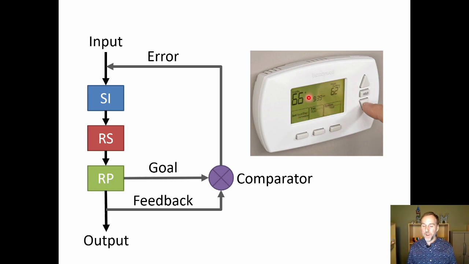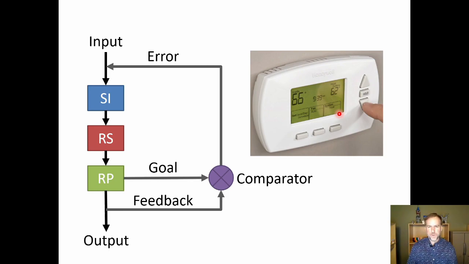But here it says, okay, the inside of the house is 66, and it's set to 62, to heat to 62. So the thermostat is going to compare the feedback that, okay, it's 66 to the goal of 62. And right now, it's hotter than it wants it to be.